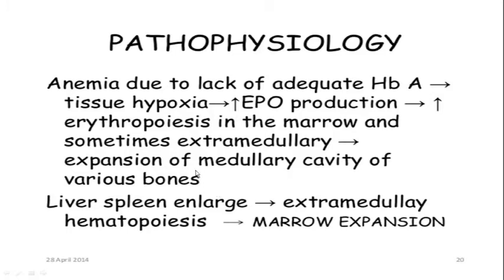This leads to ineffective erythropoiesis, and the bone marrow is getting exhausted and working frustratingly to compensate for the decrease in adequate HbA, and that will further lead to the expansion of the medullary cavity of the bones.